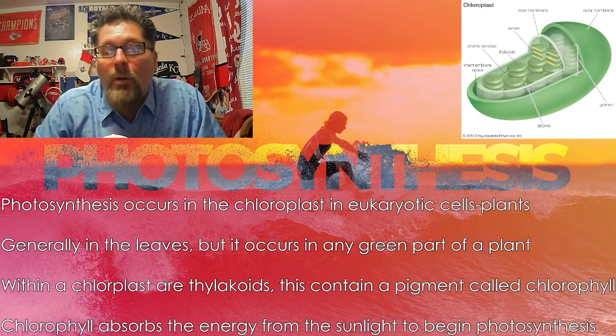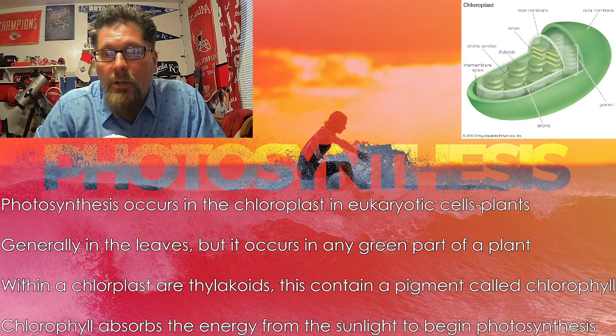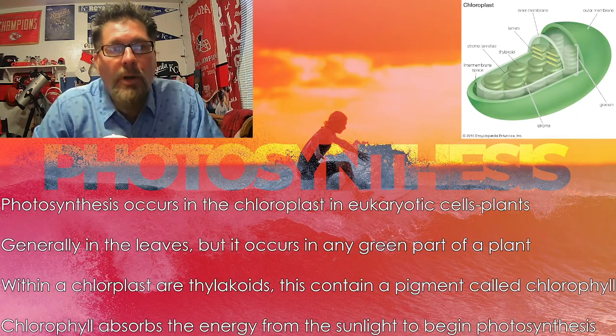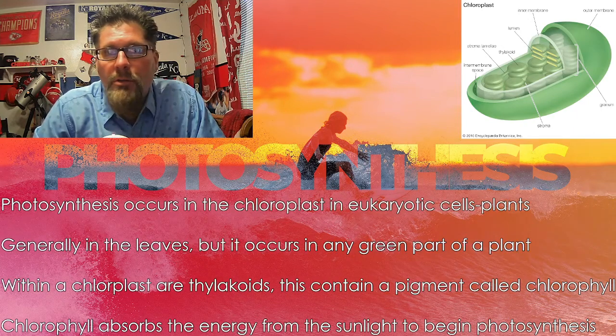All right, so the chloroplast is going to be another topic that we look at and really break it down. The chloroplast, as we know from our organelles in chapter 4, is the site of photosynthesis.